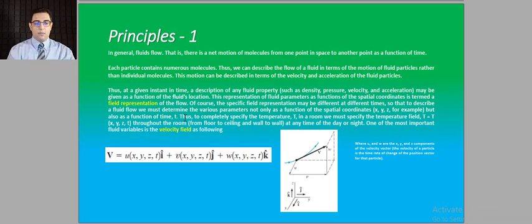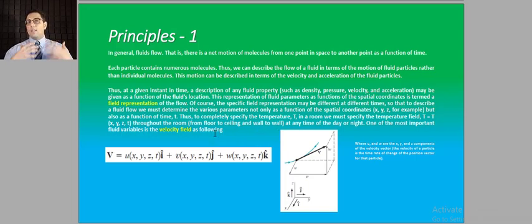For example, for the temperature, if we want to identify the temperature field, we have to identify the positions, which are the x, y, and z parameters, as well as the time, which is t.